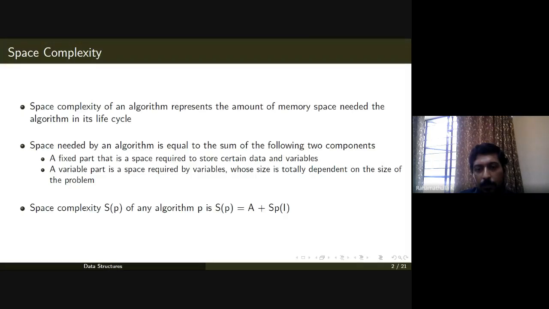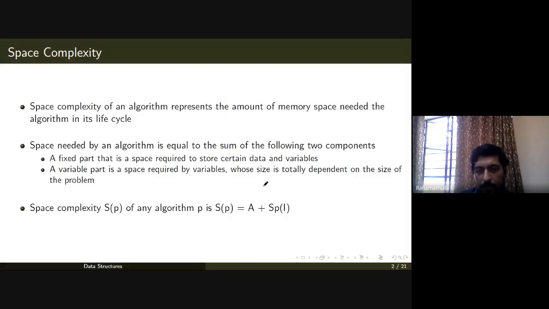can be divided into two parts. One is a fixed part and the other one is a variable part. I think you know the details. The fixed part corresponds to the data and constant type of variables, and the variable part is the space required by the variables whose size is dependent on the size of the problem.